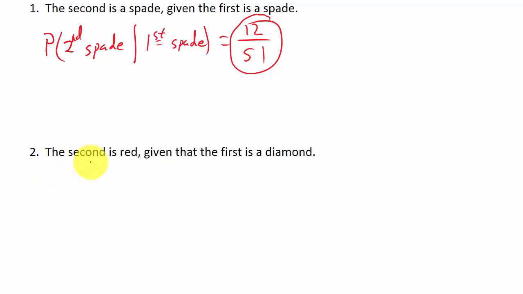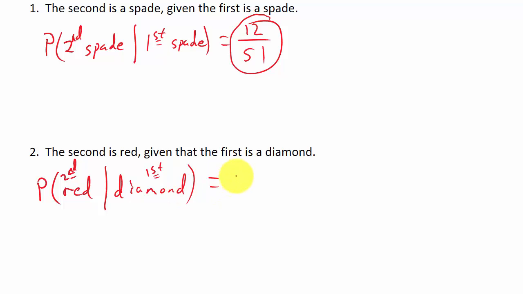Okay. Let's look at this one. The probability the second is a red given the first is a diamond. So we want the probability that we get a red given the first card was a diamond. Well, let's think about it. The diamond is a red card, and we took that out on the first one.